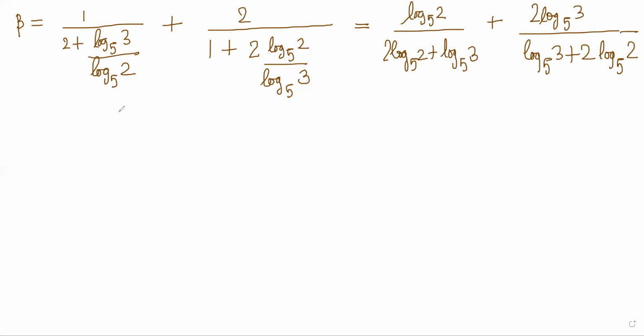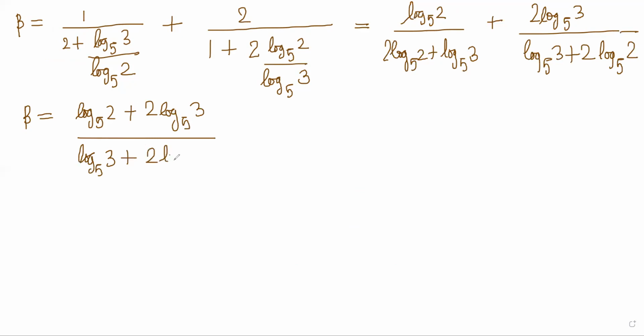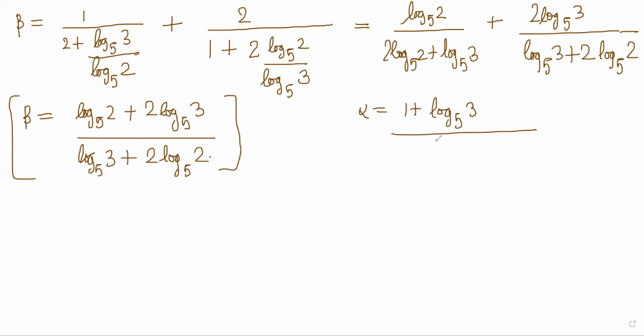Common denominator, again you get beta is equal to log 5 2 plus 2 log 5 3 by log 5 3 plus 2 log 5 2. This is your beta, and your alpha was coming as 1 plus log 5 3 by log 5 2 plus log 5 3.